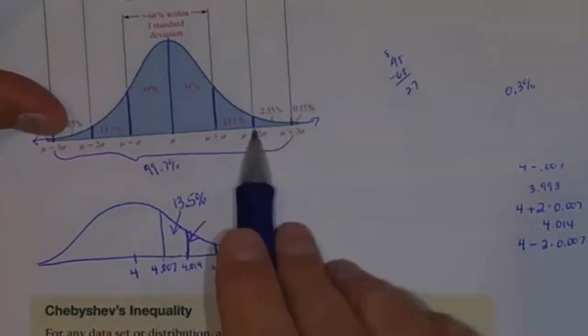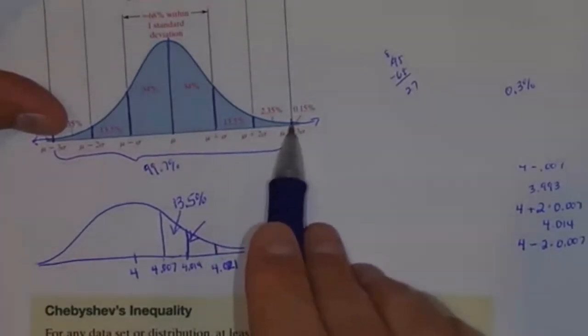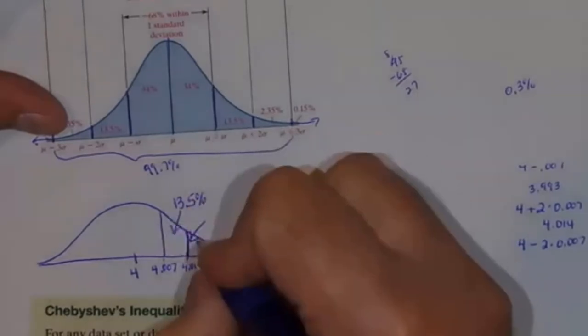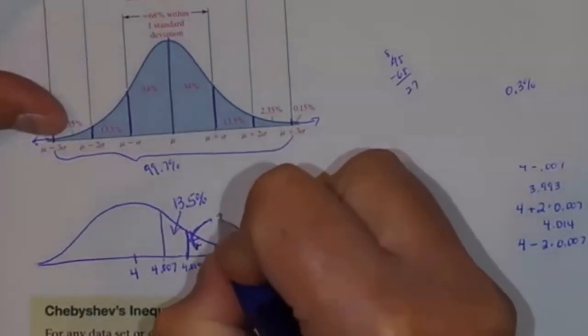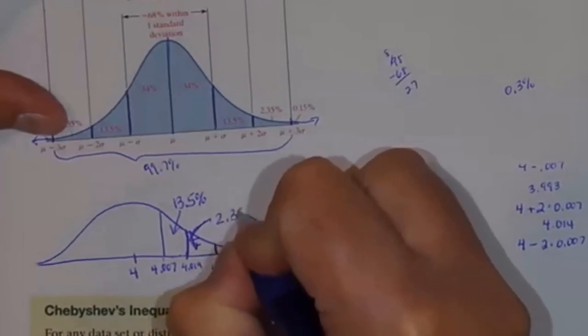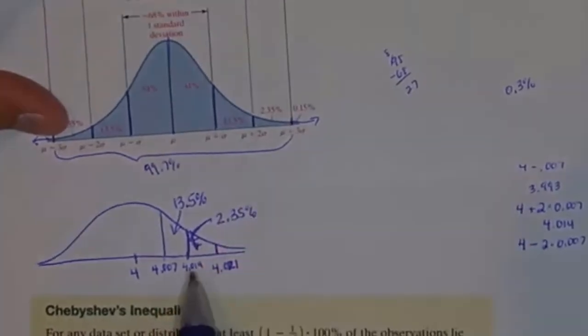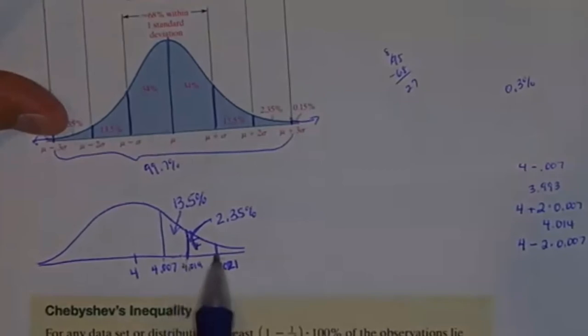Then between the 2 standard deviation and the 3 standard deviation mark, so right here, that is about another 2.35% of the bolts from 4.014 to 4.021.